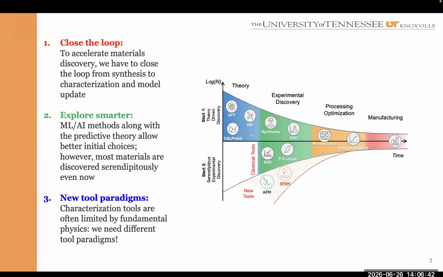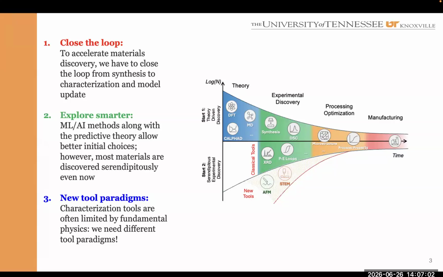Then we need to spend quite a lot of time for experimental discovery and processing optimization. And in the end, as a reward, we move to the manufacturing stage, and we may enjoy because we have new materials or new optimized materials.